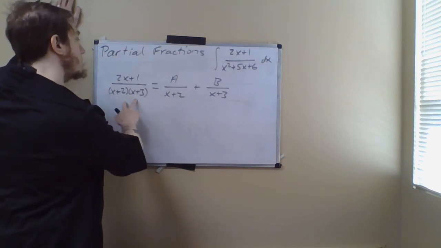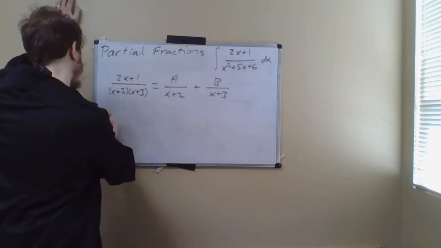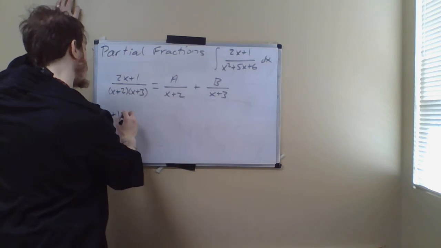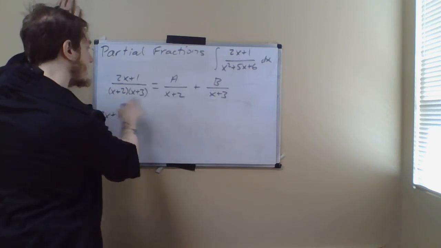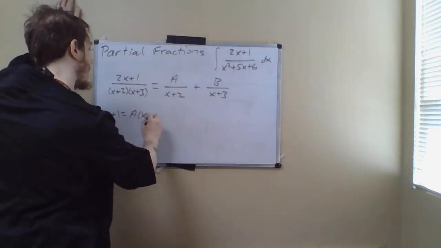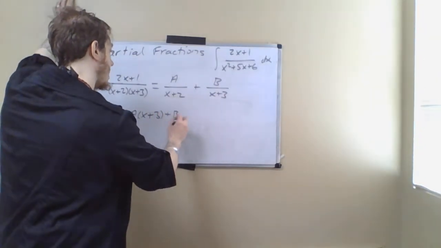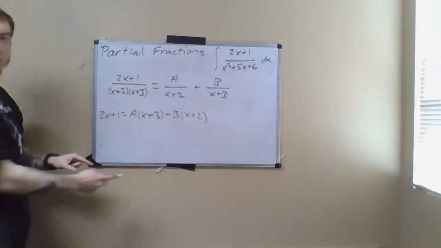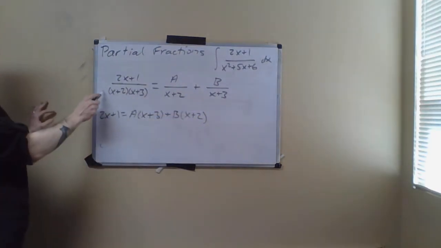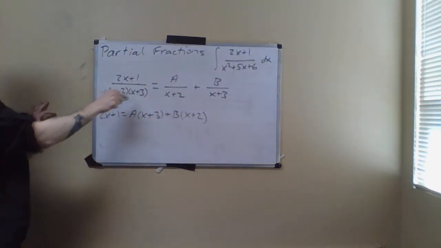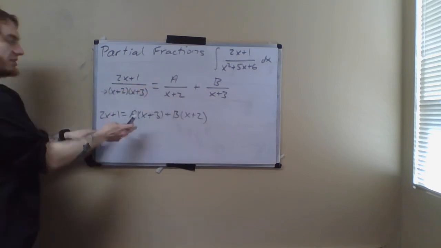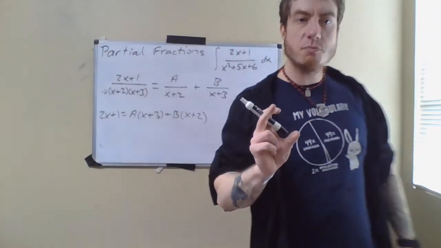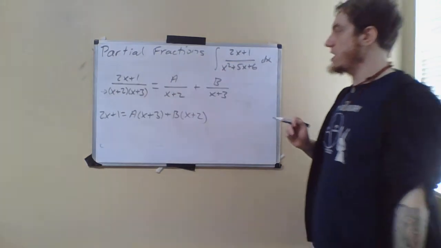We'll multiply both sides by this denominator on the left, and we get 2x plus 1 is equal to A times x plus 3, since the x plus 2's cancel, and then B times x plus 2, because over here, the x plus 3's cancel. So I'm just multiplying both sides by this denominator to get to this step. Now, at this point, there are two different approaches that we can take.